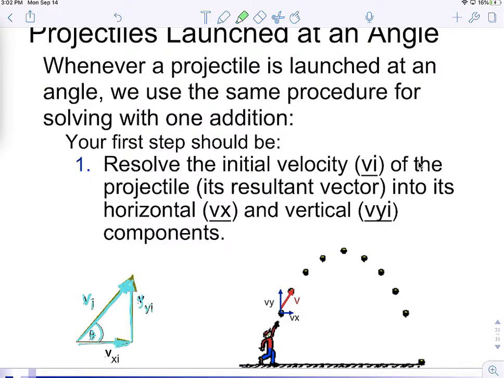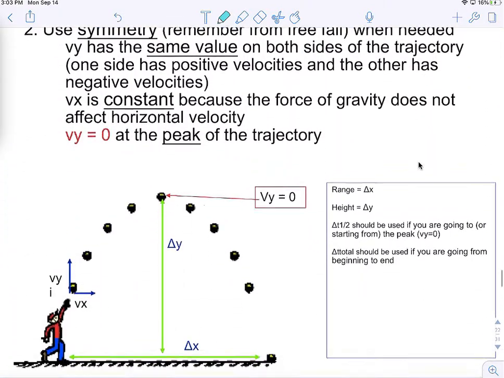Now this picture is not a picture of the entire motion of an object. Once it's been hit, it goes up and comes back down, similar to the picture down here. All of those vectors are happening at the same instant at the beginning of the motion. So those are just telling me things about the velocity at the beginning.